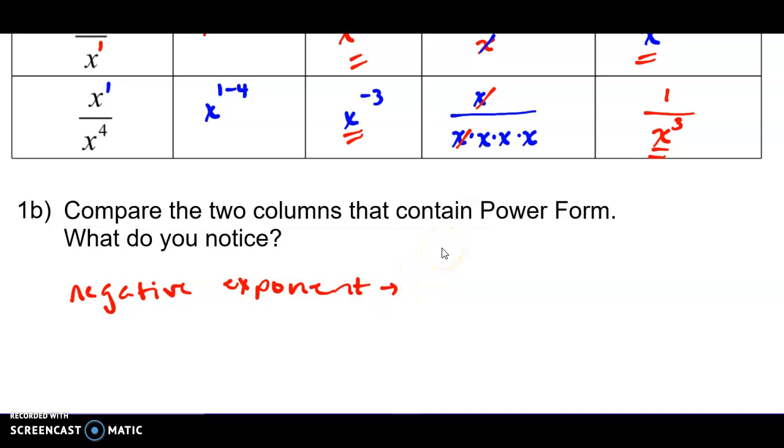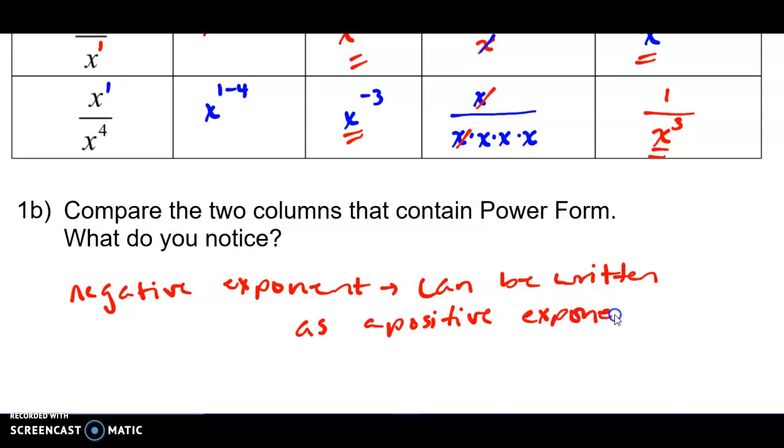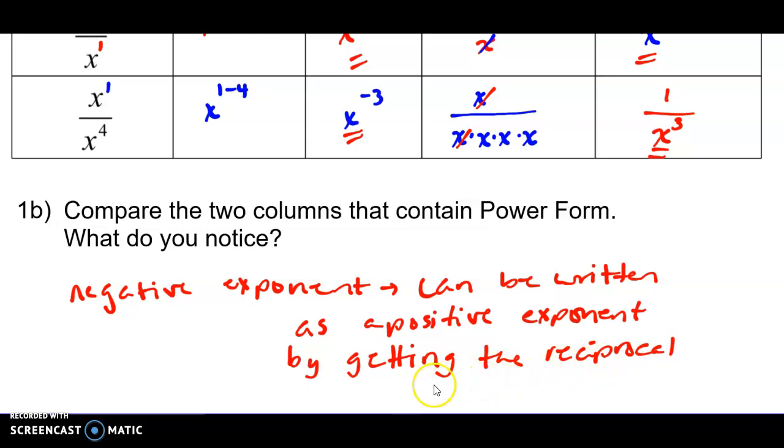If we look at that negative exponent, it can be written as a positive exponent by getting the reciprocal of the base.